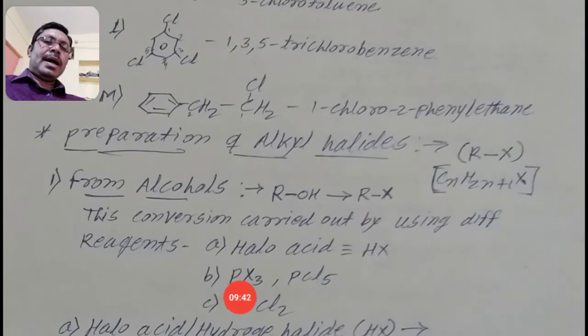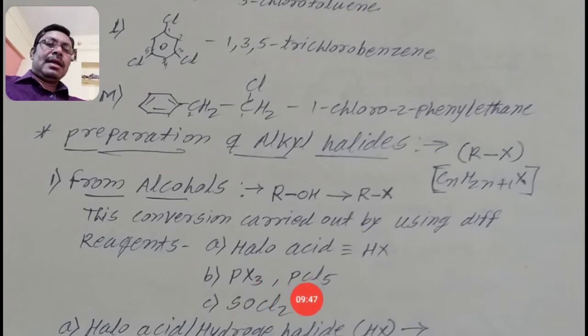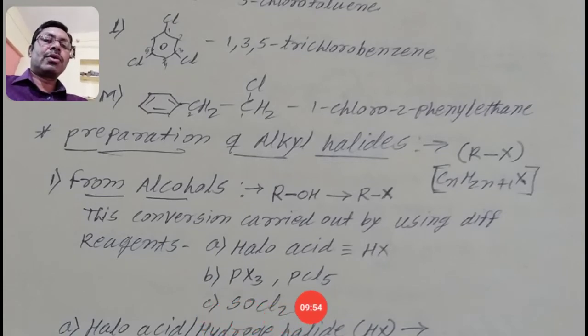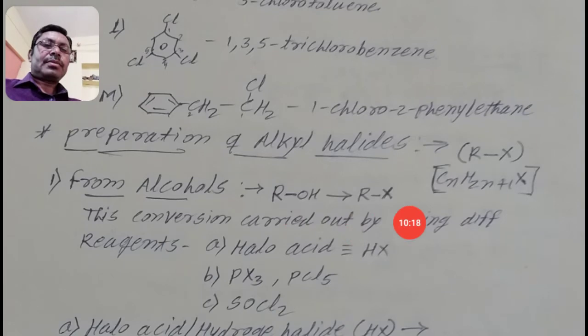Or by using PX3, that means PCl3, or PCl5, and the last one is SOCl2, that is thionyl chloride. By using these reagents, we can convert ROH to RX. There is no direct conversion from ROH to RX. By using some reagent, we can easily convert ROH into RX. RX means alkyl halides, ROH means alcohols.